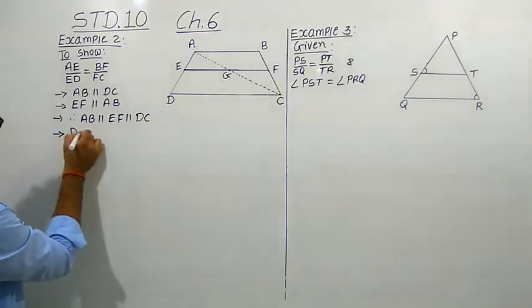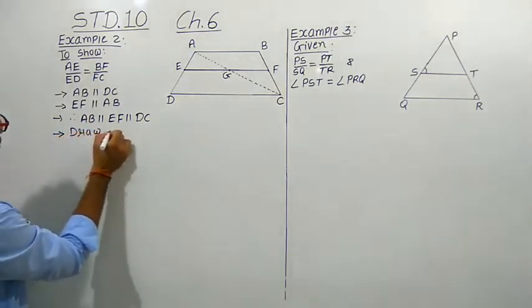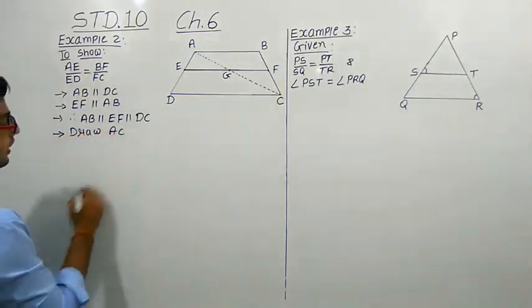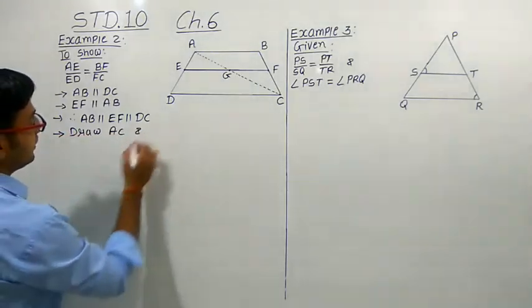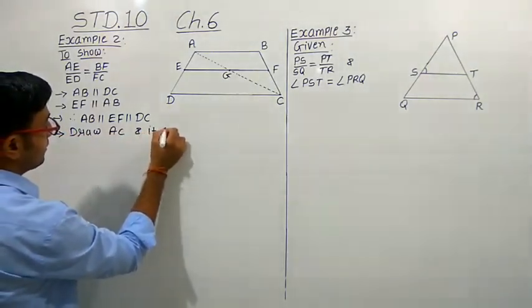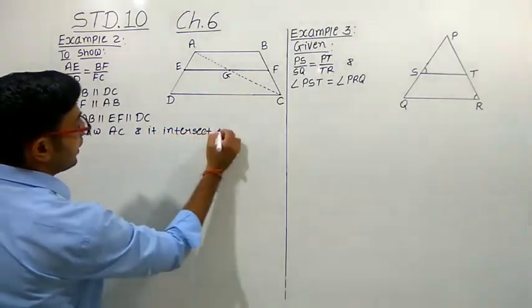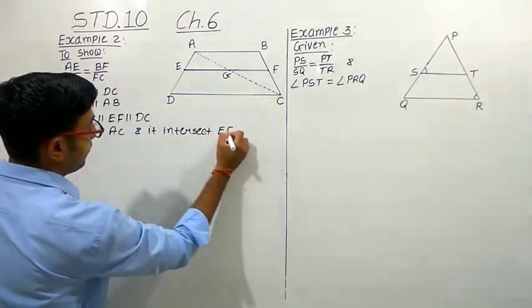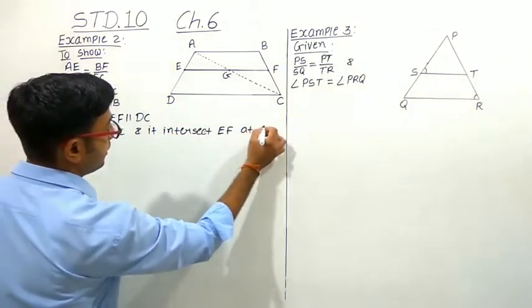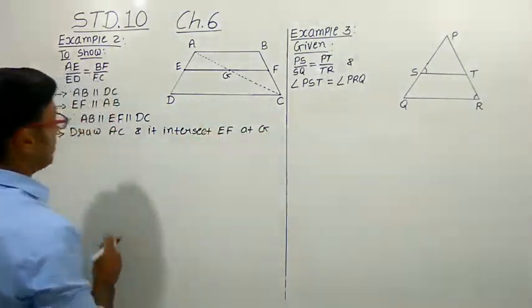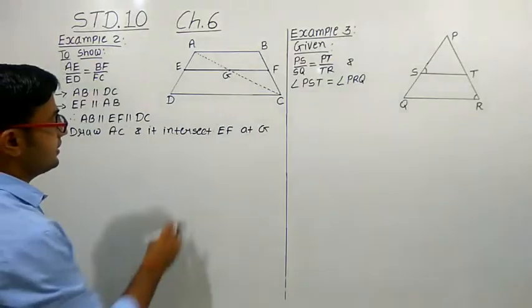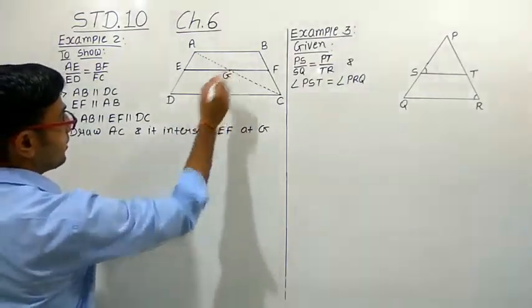Now draw AC and it intersects EF at point G. The diagonal AC we have drawn intersects this EF at a point G.